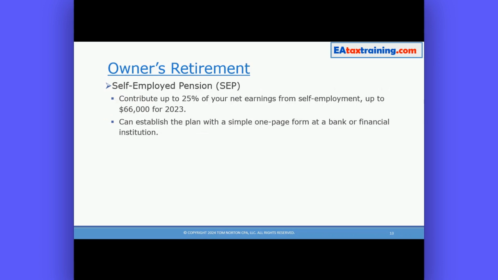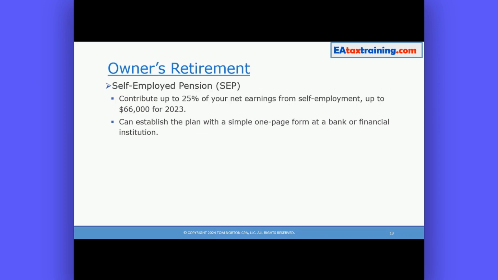A SEP is a self-employed pension. You can contribute up to 25% of your net earnings from self-employment up to a maximum of $66,000 for 2023. So that maximum $66,000, that's the amount that you can contribute. So 25% of your net earnings up to a maximum contribution of $66,000.